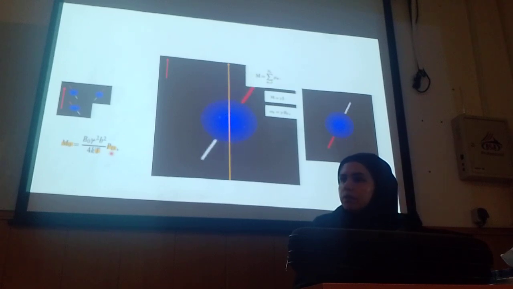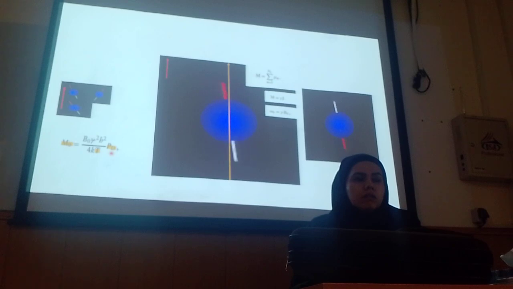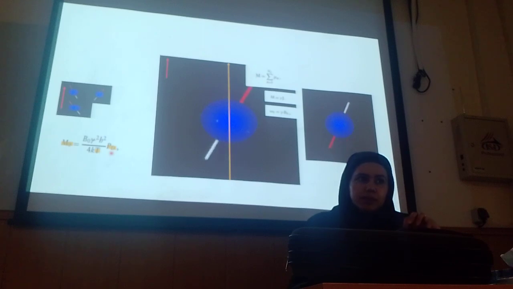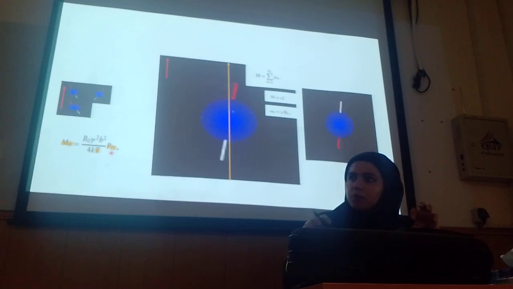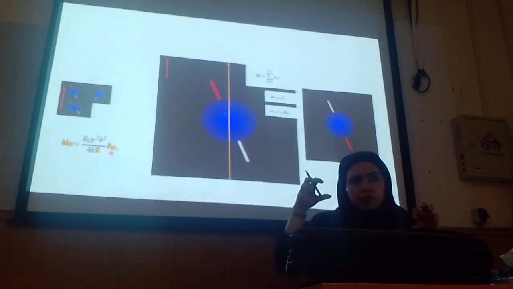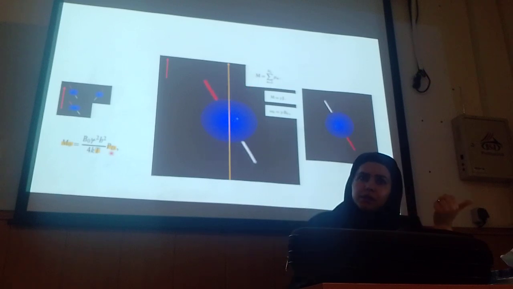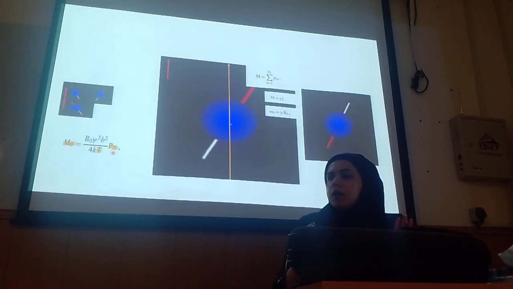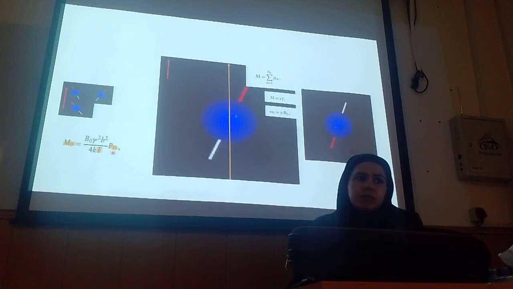For example, within our body we have different tissues. In one tissue we have a higher proton density, in another tissue we have lower proton density. In these situations, we have more M0 for one of these tissues and lower M0 for another. It's true, because M0 is proportional to proton density.